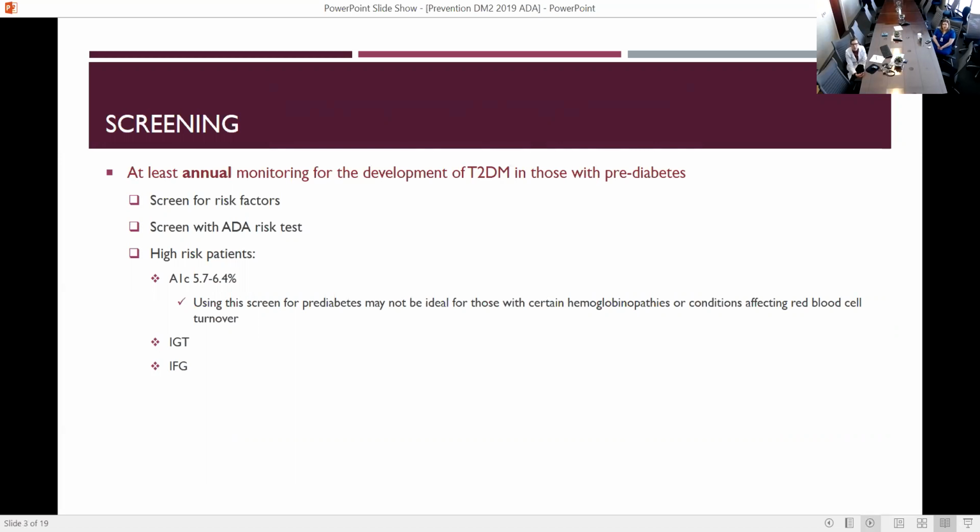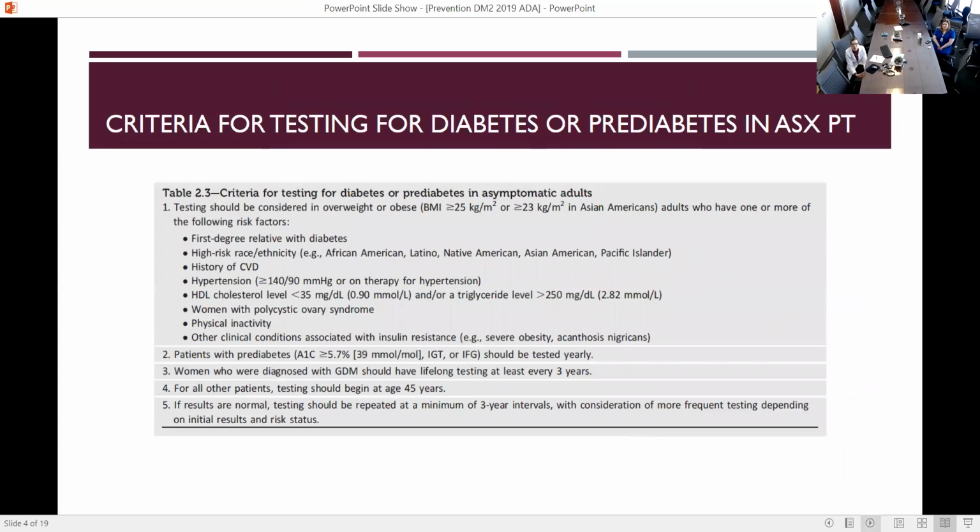Okay, you can skip ahead, Caitlin. So this is just a list of the criteria for testing for diabetes or prediabetes in patients who may be asymptomatic. It's the overweight or obese patients who have one or more of the bullets listed there: first-degree relatives, high-risk ethnicities and race, history of cardiovascular disease, hypertension, cholesterol, PCOS, physical inactivity, and any other conditions that might be associated with insulin resistance.